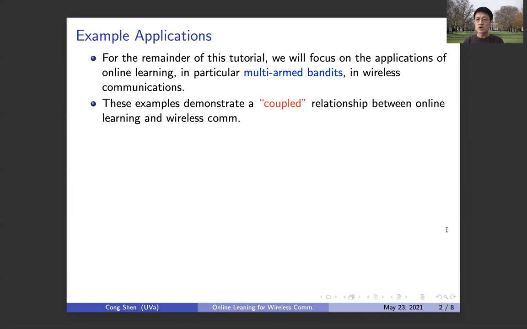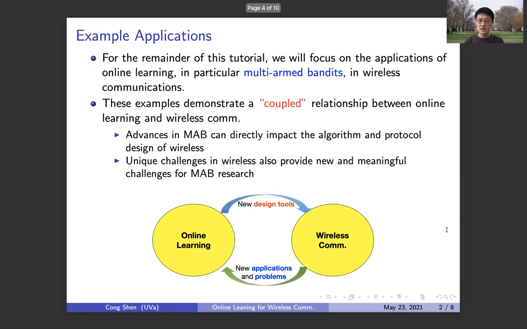So we should also be thinking about the unique features of wireless communications and how it can really feed back into the development of online learning. So this is basically the loop I want to talk about. Using online learning as a design tool to solve wireless communication problems, and wireless communications serves as a new application and provides new problems for online learning to study.